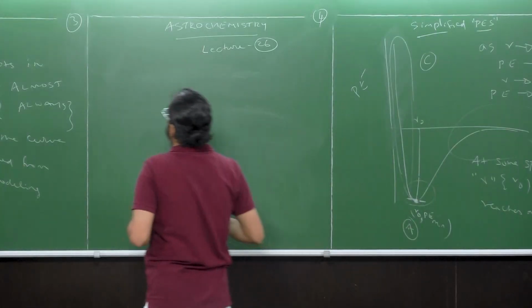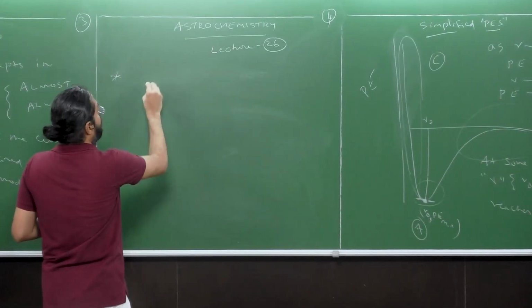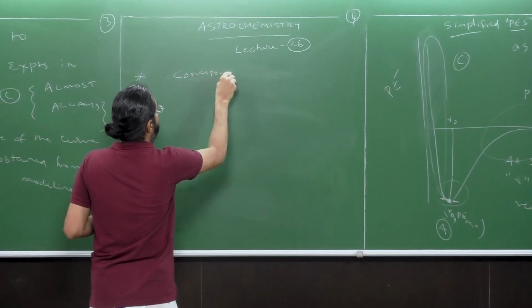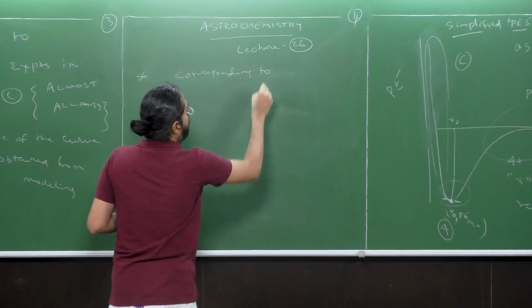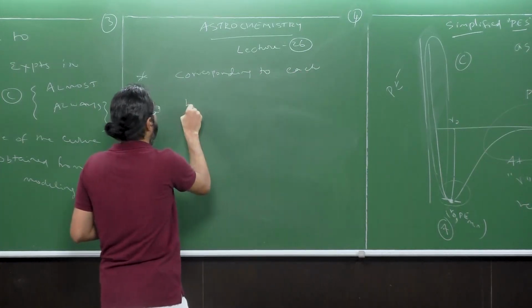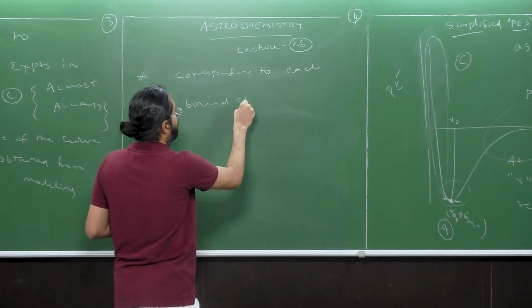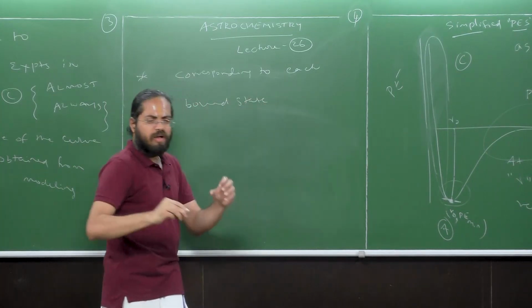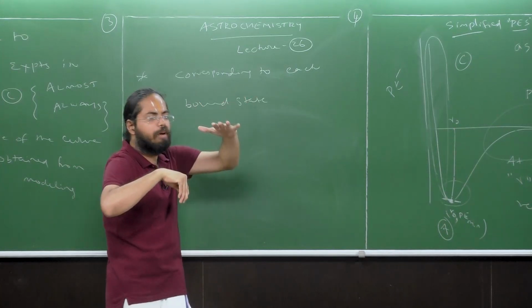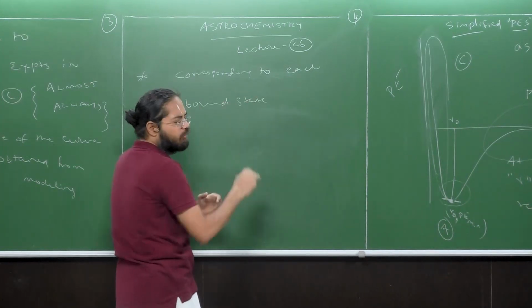And corresponding to each bound state, when I say bound, I'm talking about a system wherein an electron is bound by the influence of a nucleus. That would be one example.